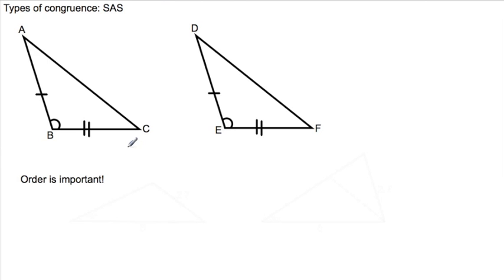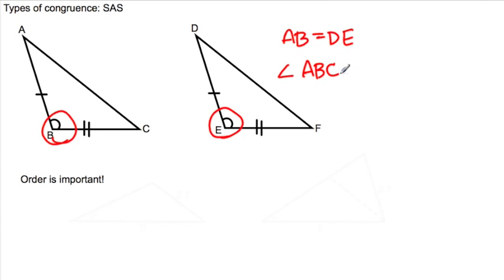In this case, we see AB again is equal to DE, but now we're looking at the angle in between, so I would say angle ABC is equal to angle DEF.